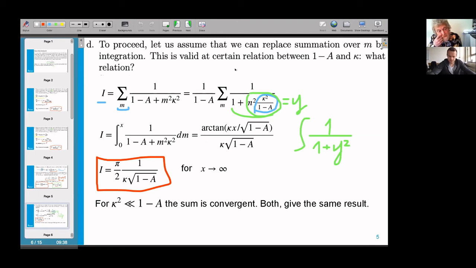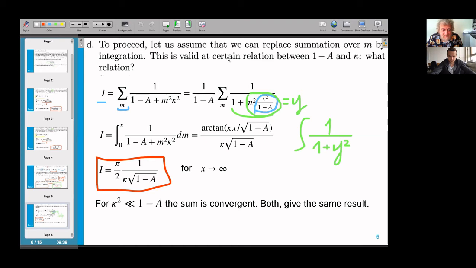Are you here with me? Yeah, I can see that if the other part is way smaller. No, I find it hard to see. I guess somehow you mix up two questions. The question in the task is about the validity of the replacement of summation by integration, right?